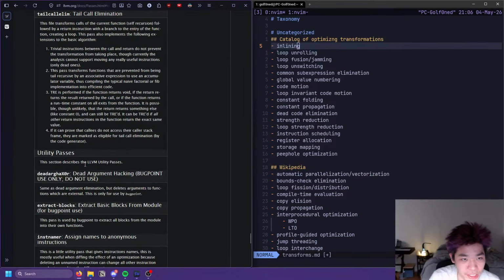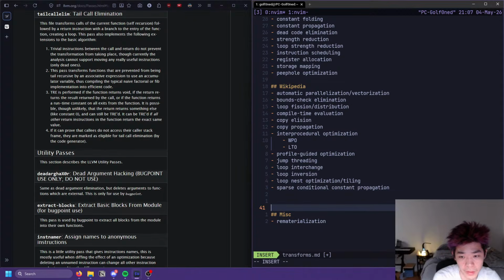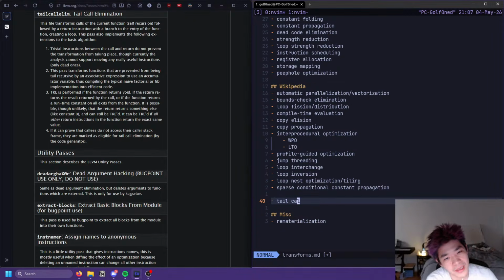Okay, tail call elimination I think is interesting. Calls of the current function. I see. We should throw this in here somewhere. Actually, is this an optimization?